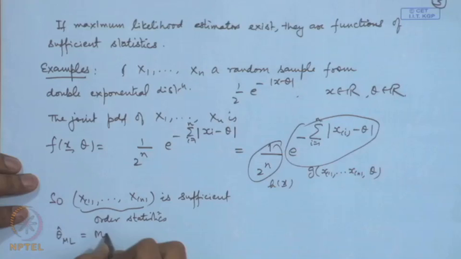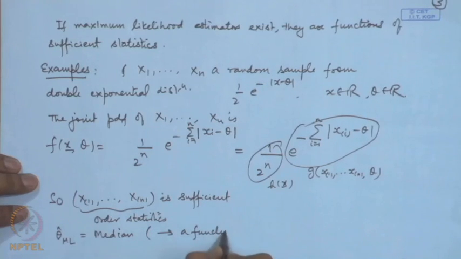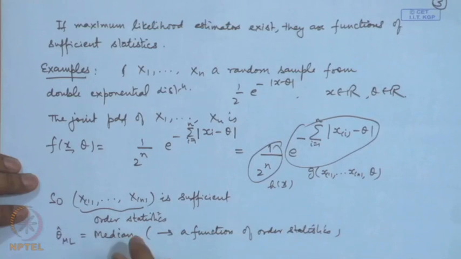Now, remember here for this problem what was the maximum likelihood estimator? The maximum likelihood estimator was the median of the observations, and the median is a function of order statistics, because if we have an odd number of observations, say x 2 m plus 1, then x m plus 1, that is the middle observation, was the median, and if we have an even number of observations, that is x 2 m, then any number between x m and x m plus 1, and we can actually consider say the middle of the two, that is x m plus x m plus 1 by 2, as the maximum likelihood estimator.